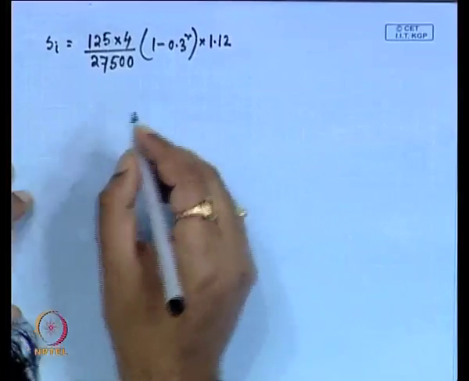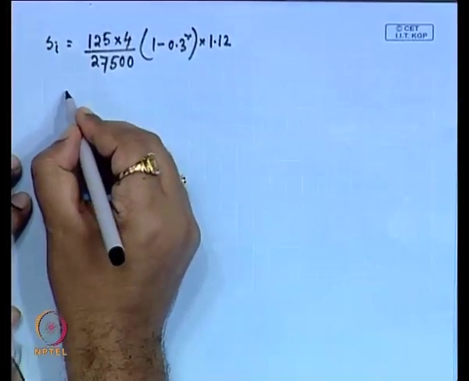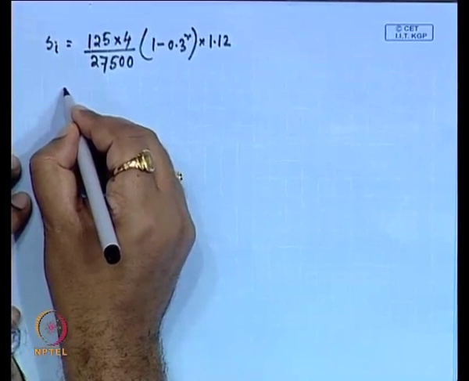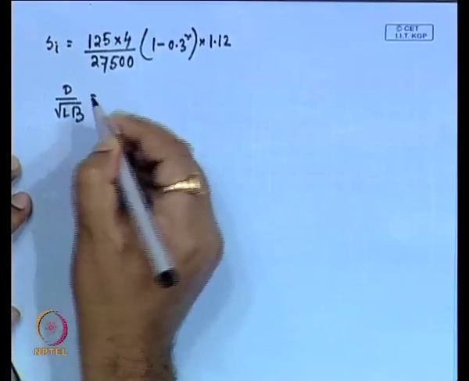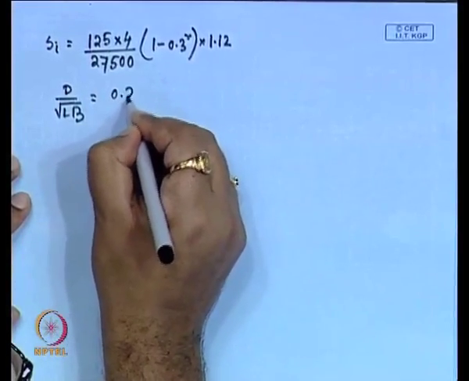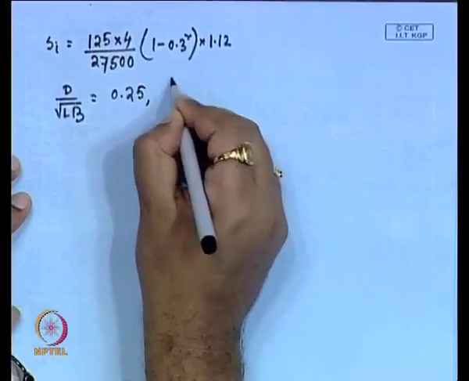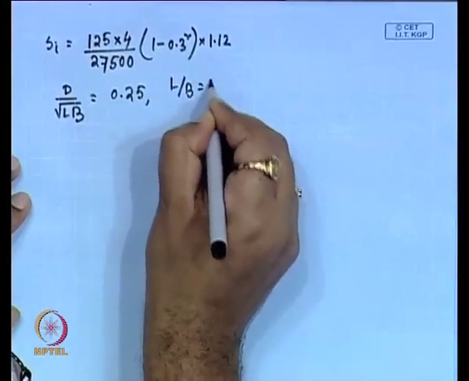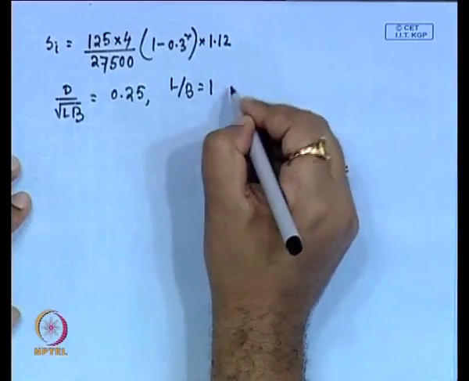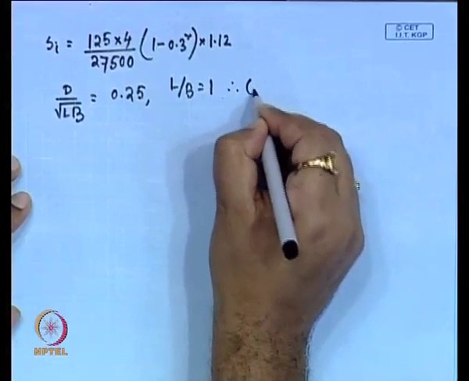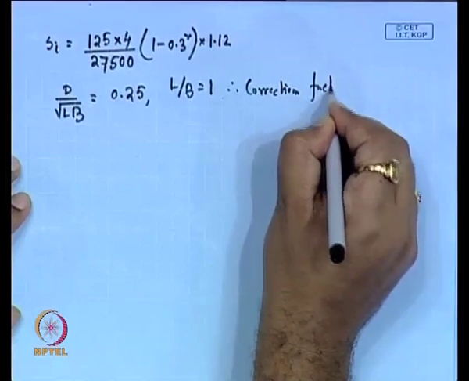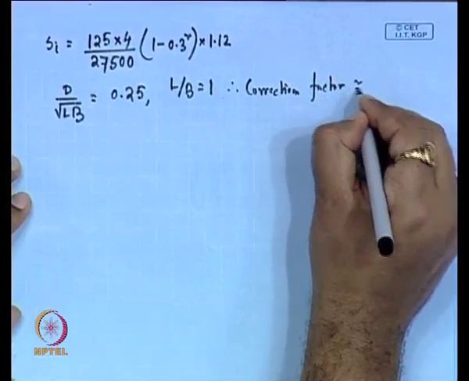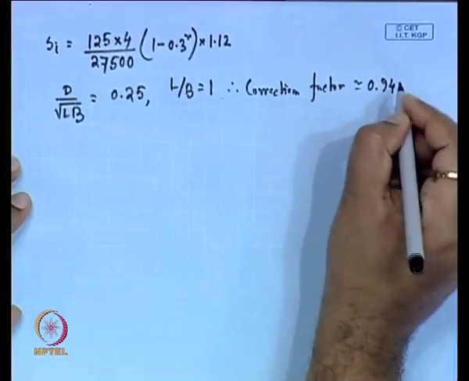Now, to calculate the depth correction, or the Fox correction, the d root L b value is 0.25 here, and L by b equal to 1. So, the correction factor is around 0.94, that we will get from the chart.